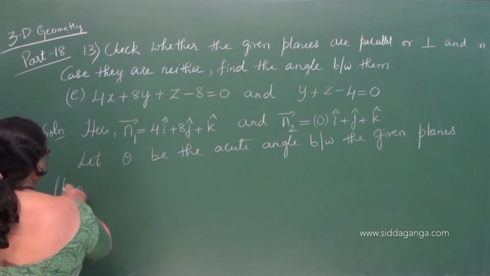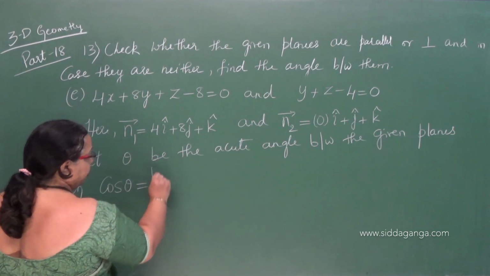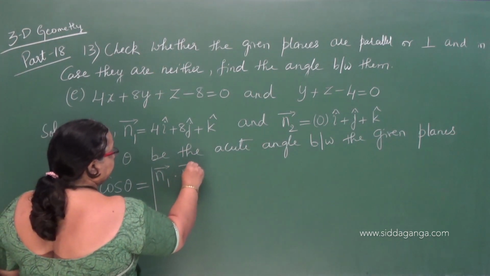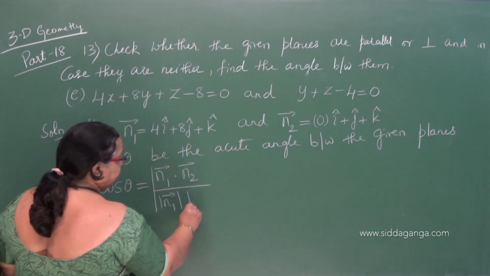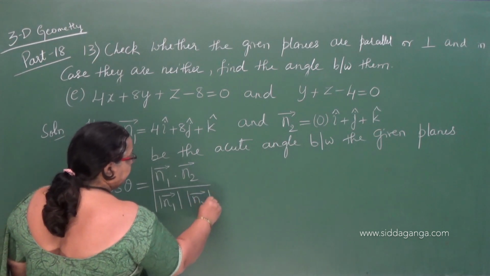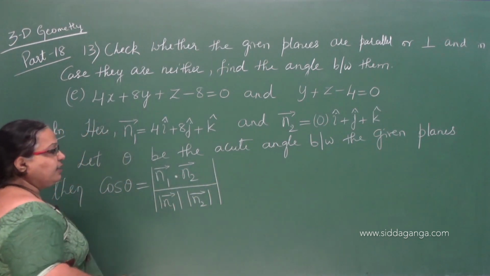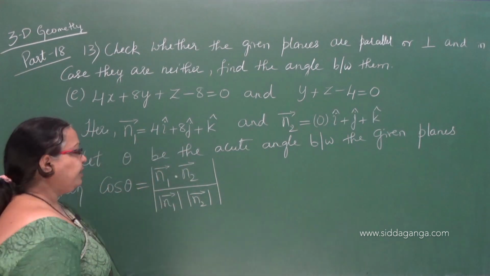Then you write the formula cos theta equal to modulus of n1 dot n2 vectors divided by magnitude of n1 vector into magnitude of n2 vector. We have to take the dot product of n1 and n2 vectors.